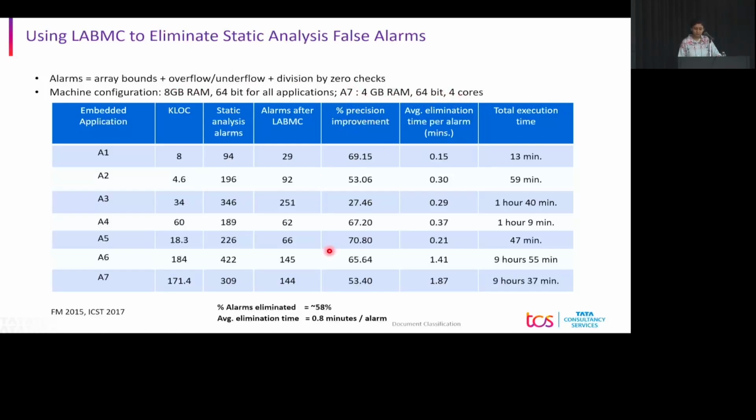Only 4 cores for the last application with 4 GB of RAM. So there was, on an average, a reduction of 58%. The best was 69%, and the worst was 27.